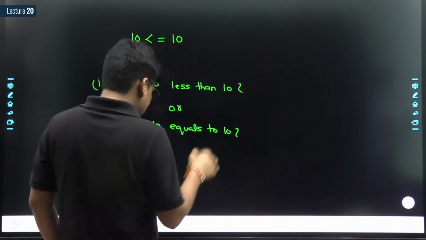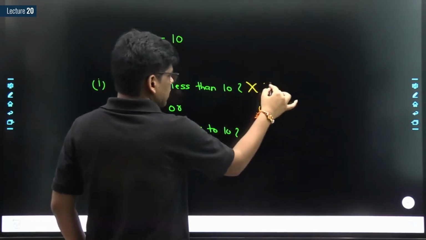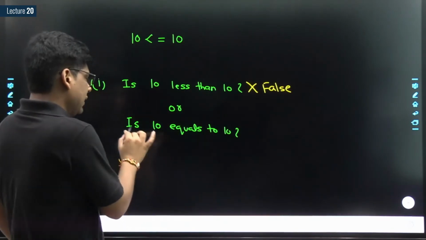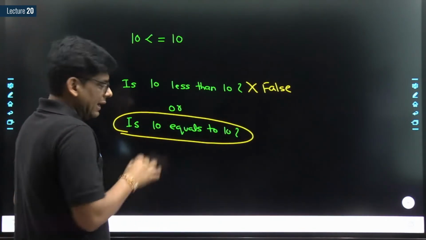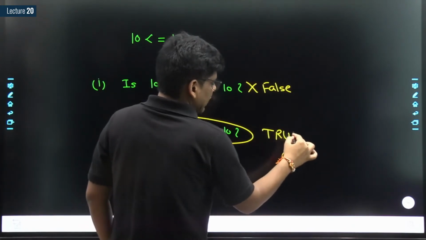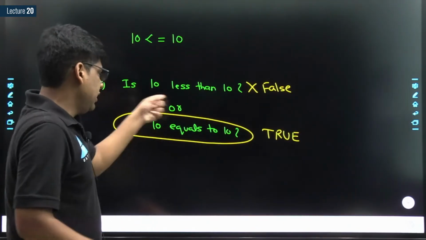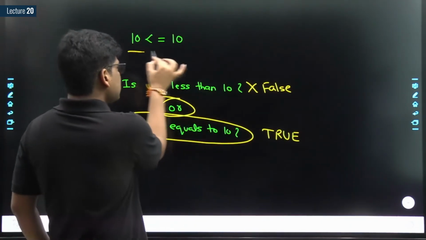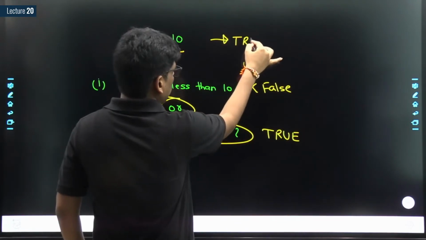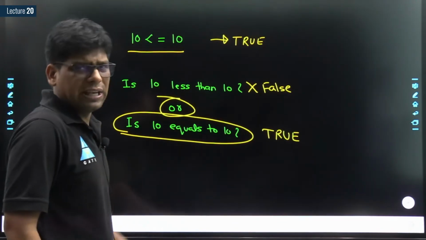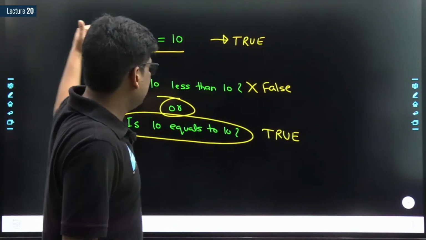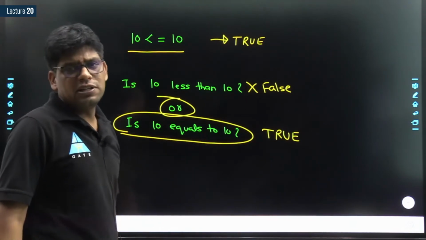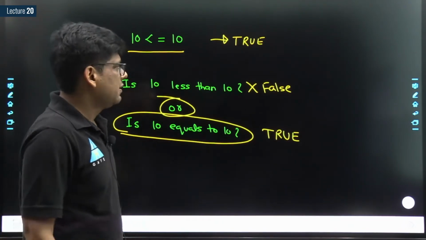Sir, okay, the first statement is false. 10 is not less than 10, but the second statement is true. 10 is equal to 10. That is why, see, we have a choice. If any one of them is true, this whole statement is true. Same as in mathematics. But if both of them are false, the entire statement is false. We have already studied this in mathematics.